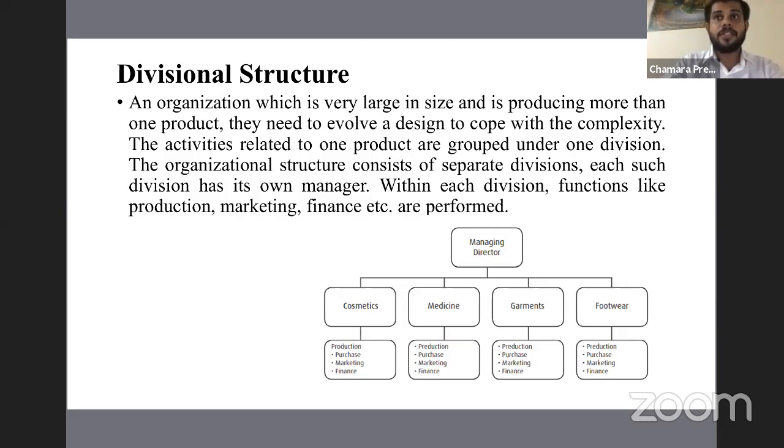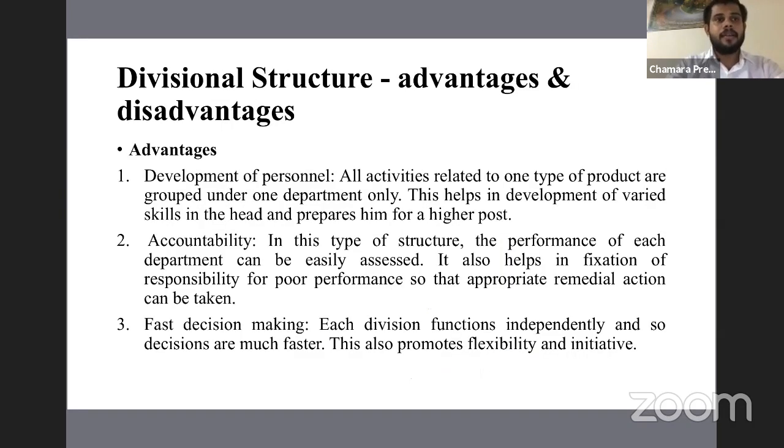These are the different divisions that an organization has. And under those different divisions, we have production, purchase, marketing, and all these functions separately, right? So that is that.